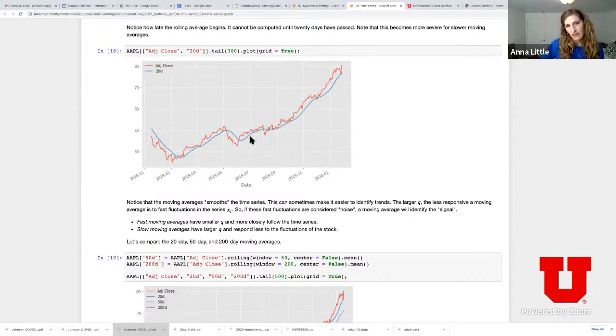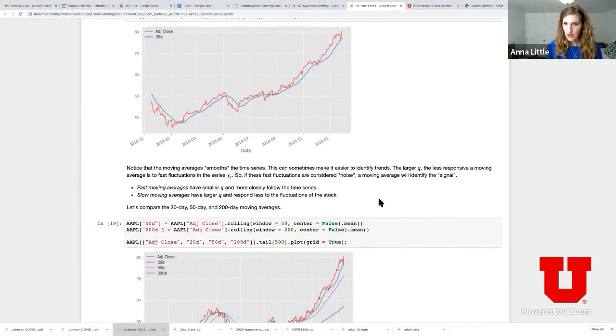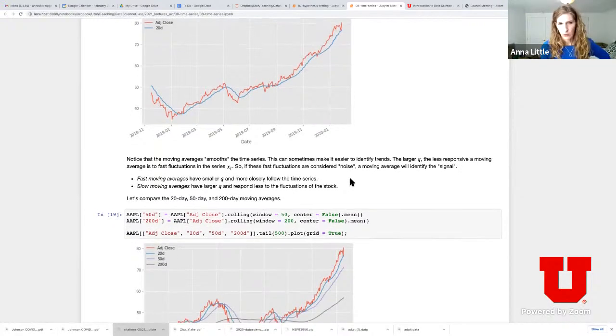So there's a little bit of an art to how much you want to smooth it out. It can make it easier to identify trends. The larger the window, the less responsive it will be to fast fluctuations. So it's a good way to get rid of noise, but you don't want to go too far or you'll wash out your signal.